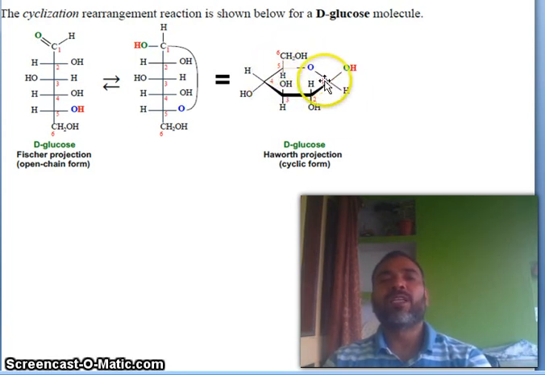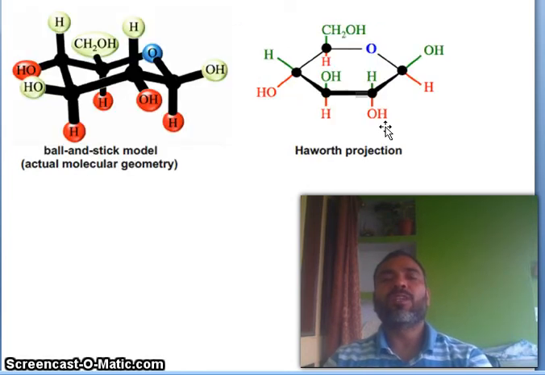If you write the cyclic form of D-glucose like that, then it becomes a Haworth projection. In the Haworth projection, the good thing is that you can see a skeleton of carbon, and this is the oxygen. There are 5 carbons and 1 oxygen, 1, 2, 3, 4, 5, and there is nothing more here. So this green one is all the time up.